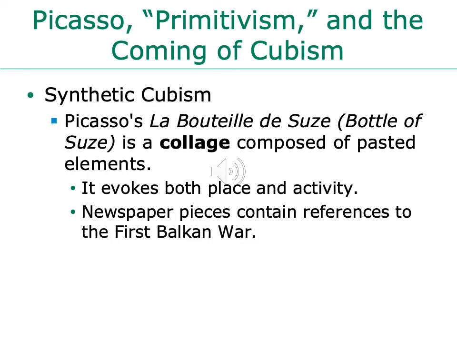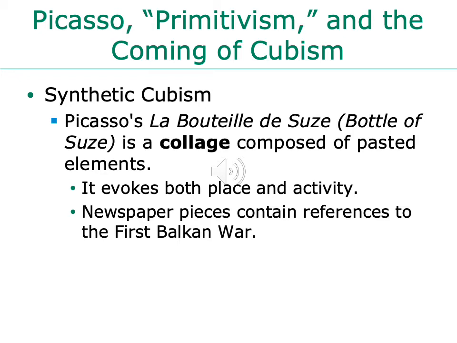In contrast to analytic cubism, when we get to synthetic cubism, the second stage of cubism, in a nutshell, from the deconstruction of the image, often into these sharp-edged, shard-like cubist shapes, we begin to build the image up again.